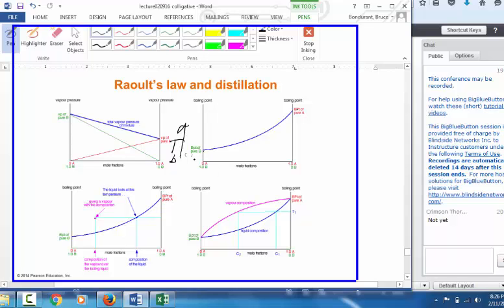And since the boiling point and vapor pressure are not linear with each other, if you think of vapor pressure and temperature, Ln vapor pressure is proportional to 1 over temperature.